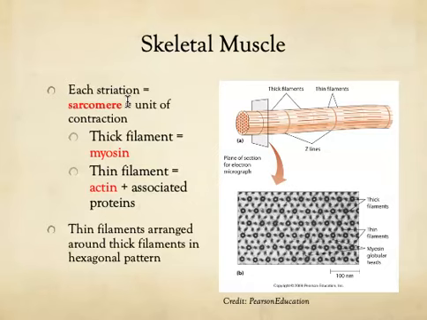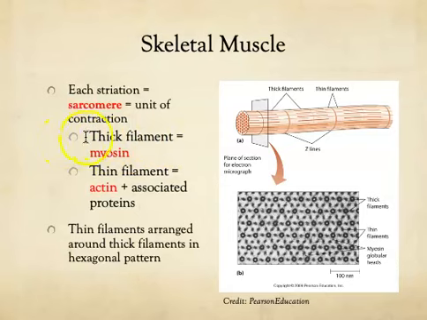Let's take a look now at what these thick and thin filaments really look like. The thick filament is actually made out of myosin type 2 proteins. Now, I'm going to refer to myosin type 2 from now on as simply myosin.